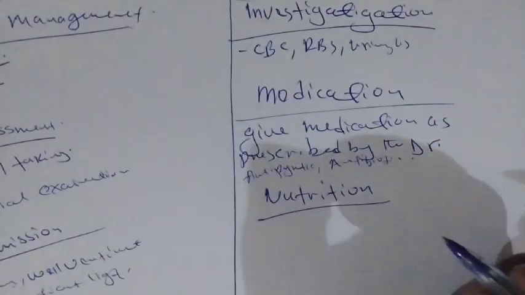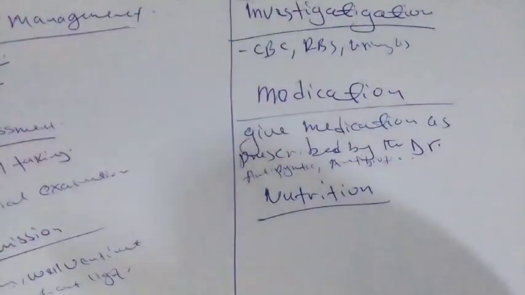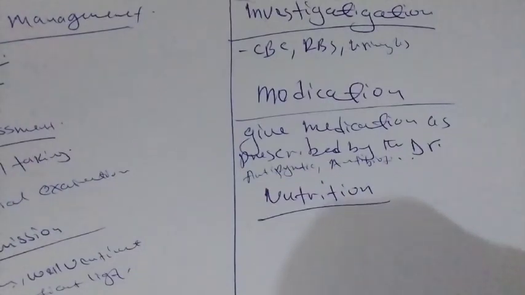Nutrition. So, under nutrition, remember you can take drugs, you need to eat. Whether you are unconscious, you need some food, glucose, for the maintenance of the body. And under nutrition, depending on the condition, like those who are having hypertension, restrict salt, and those who are having diabetes, reduce sugar.